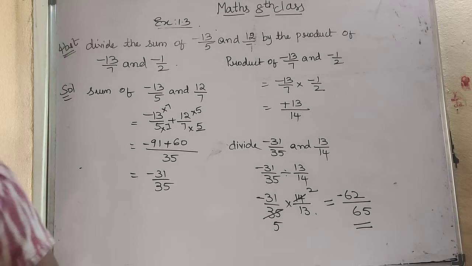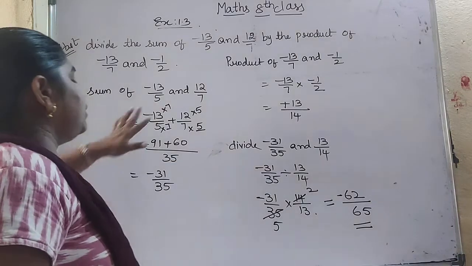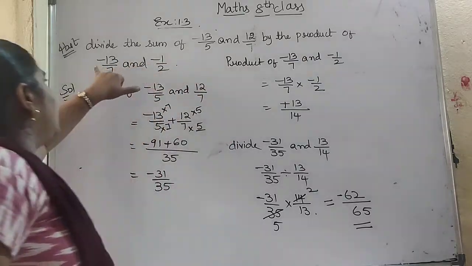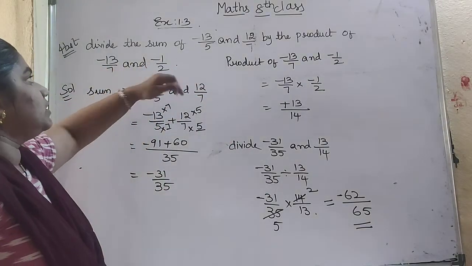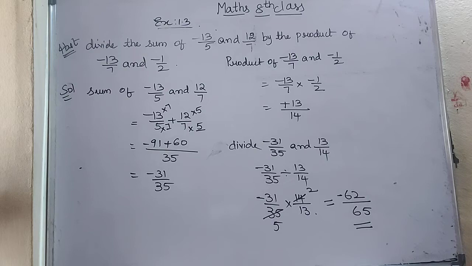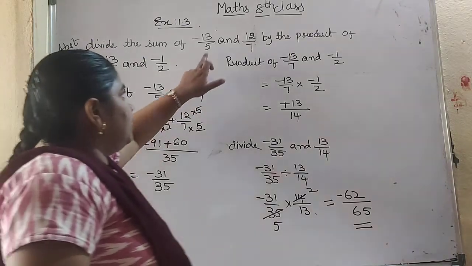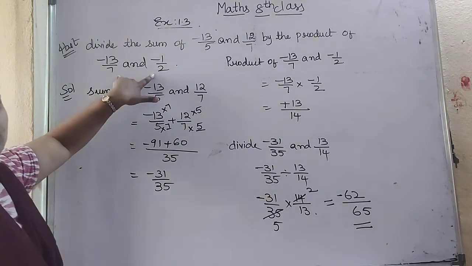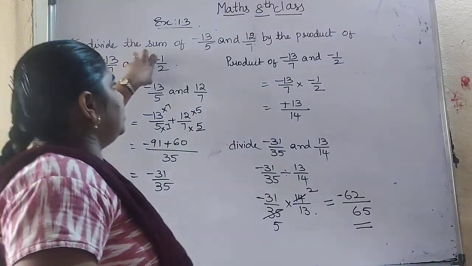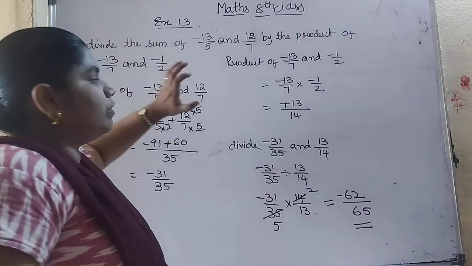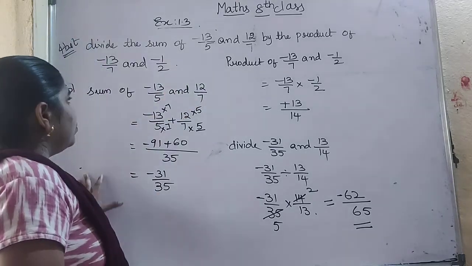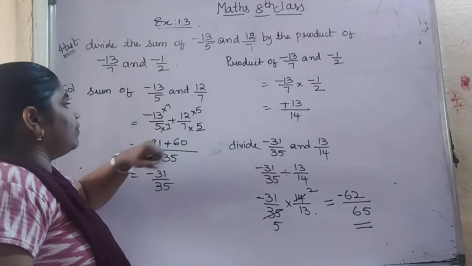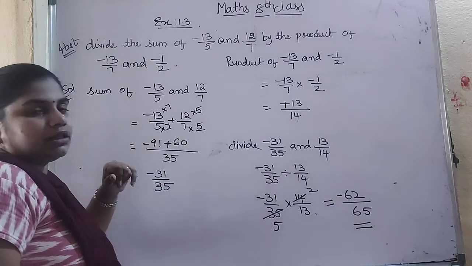Once again, divide the sum of minus 13 by 5 and 12 by 7 by the product of minus 13 by 7 and minus 1 by 2. First we add these two and multiply these two rational numbers, and after getting those answers, we divide them. For the sum, the LCM of 5 and 7 will be 35.